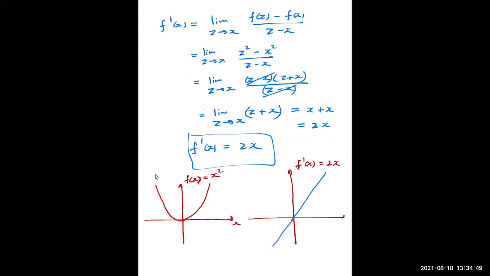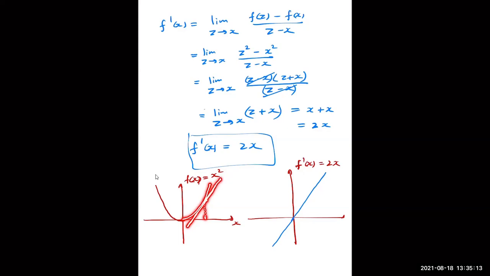As you can see, your slope is a negative value to the left of 0, and to the right of 0, your slope is a positive value. It should be, because if you look at this graph, to the right of 0, you have a positive slope. No matter what x value you pick, the slope of the tangent to the graph of f of x is positive.